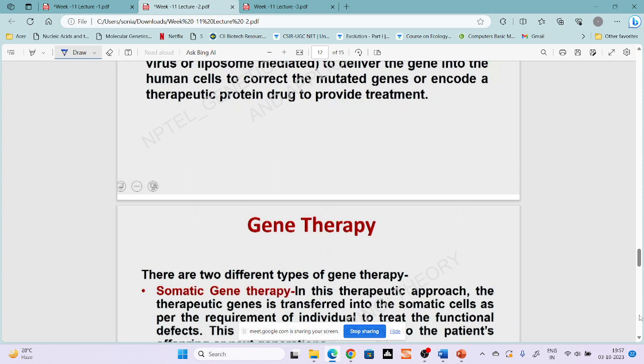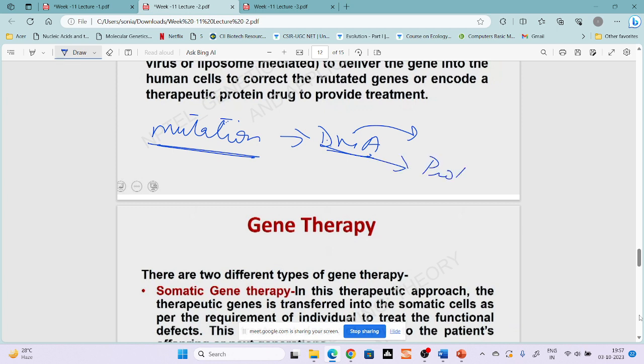Suppose there is a mutation that has happened in the DNA, gene therapy involves correcting that mutation so that your DNA will not have it. Earlier your DNA was producing a defective protein. Now because of gene therapy, your DNA is corrected, and the protein it is producing is completely functional and good. So that is your gene therapy.